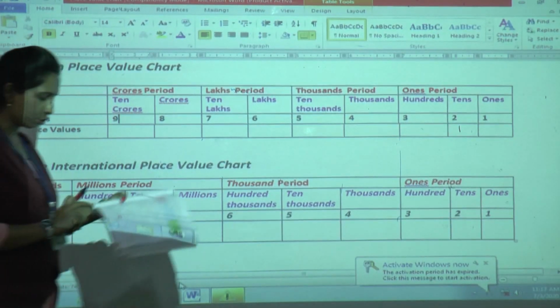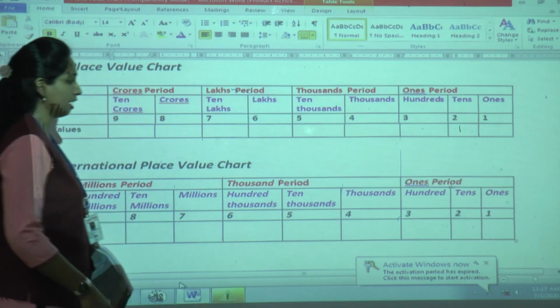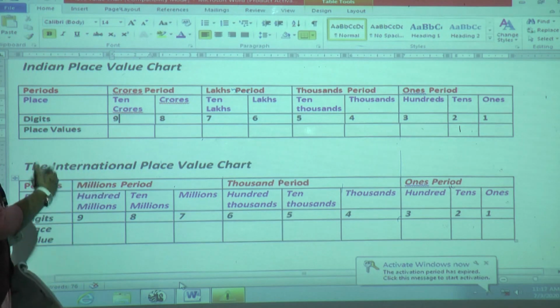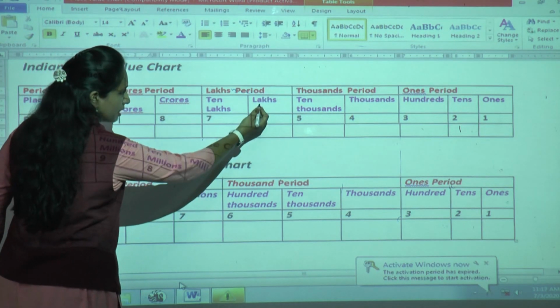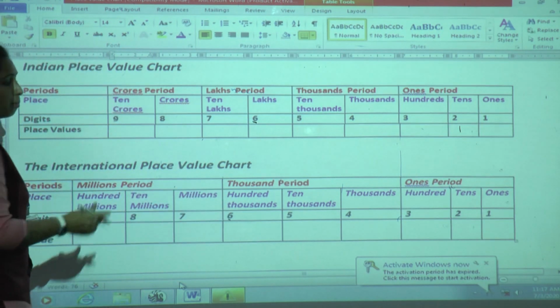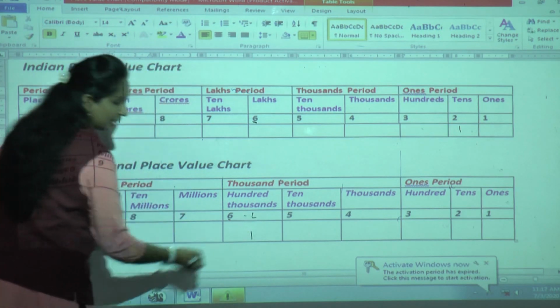What is our fourth number question? How many lakhs make a million? See, now lakhs period million we have to see means we will go to international place value chart. Now see, just compare. 6 digit means lakh. Here 6 digit has having 100,000. Same, but writing is different. So here will come lakh. So I will start writing here 1.